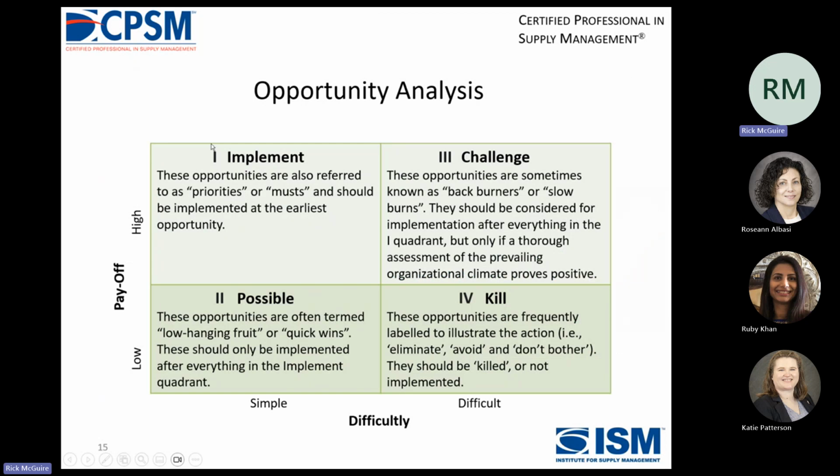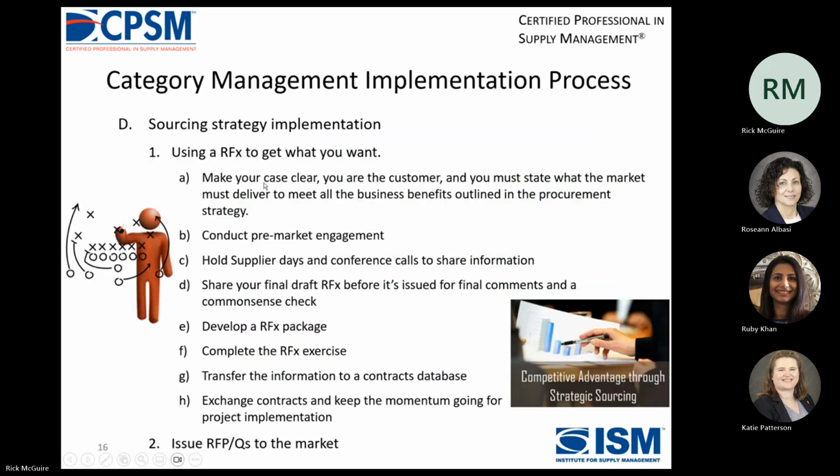Here's another thing for opportunity analysis. Yet another 2x2 matrix. This is a lot like the project matrix we were just looking at. It's just kind of coming at it from a different angle. And then the sourcing strategy implementation. So using RFX, which is RFI, RFP, or RFQ, to get what you want.